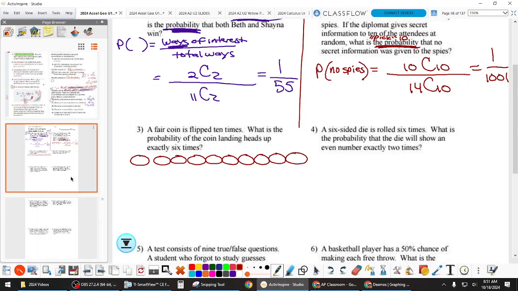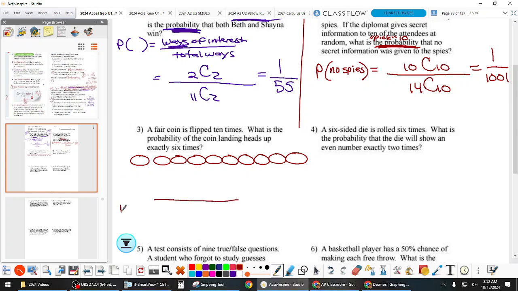All right. So this is, at least in my opinion, where probability gets frustrating. It's when you say, hey, I've got the hang of this, and then it twists on you. So, like I said, we're going to learn a tool that will be more helpful with this, but you can do it with combinatorics. It's just kind of weird. So we still do the same idea of number of ways of interest out of total ways.